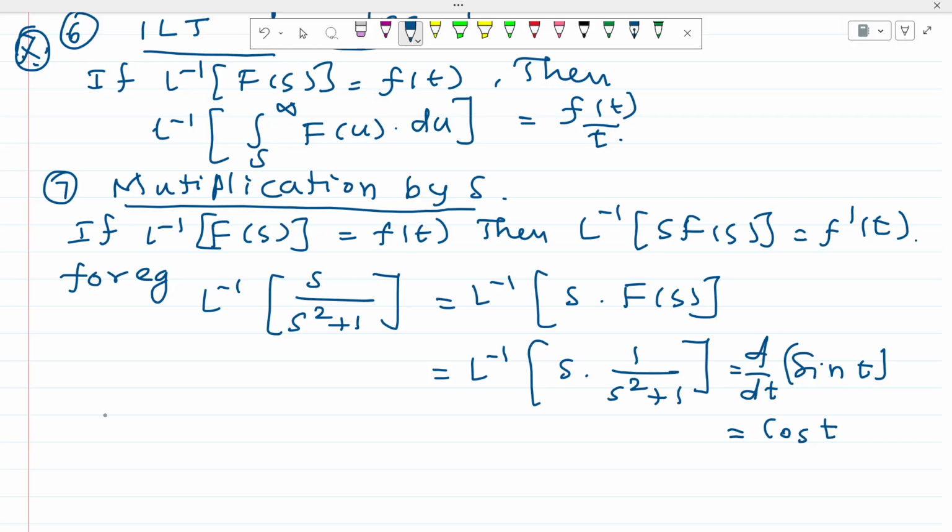Then, in case of multiplication by s, okay, what if it is division by s?